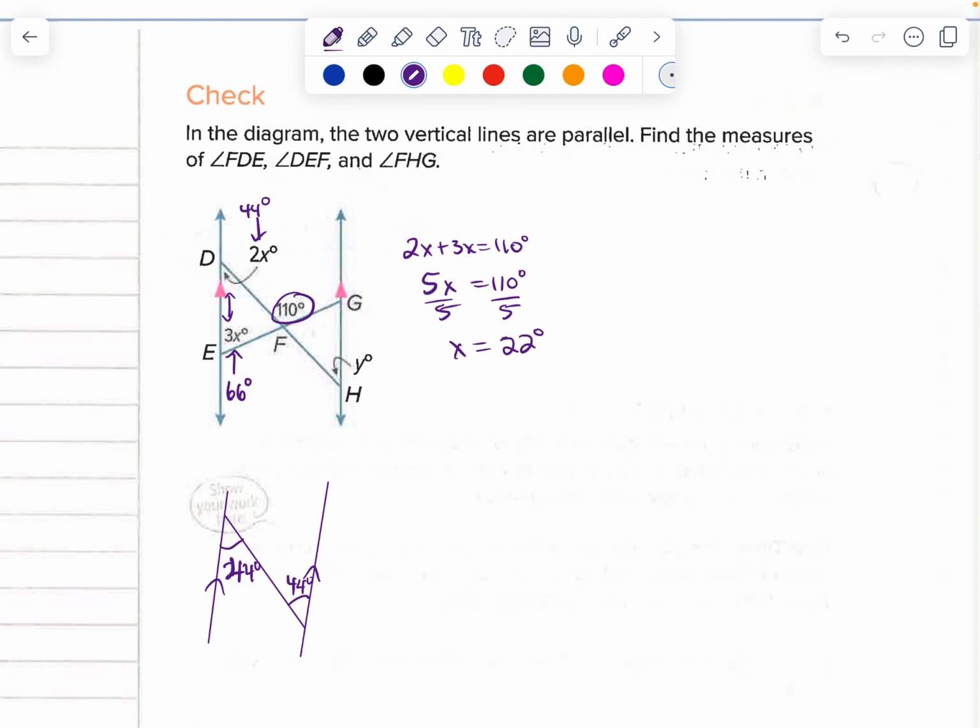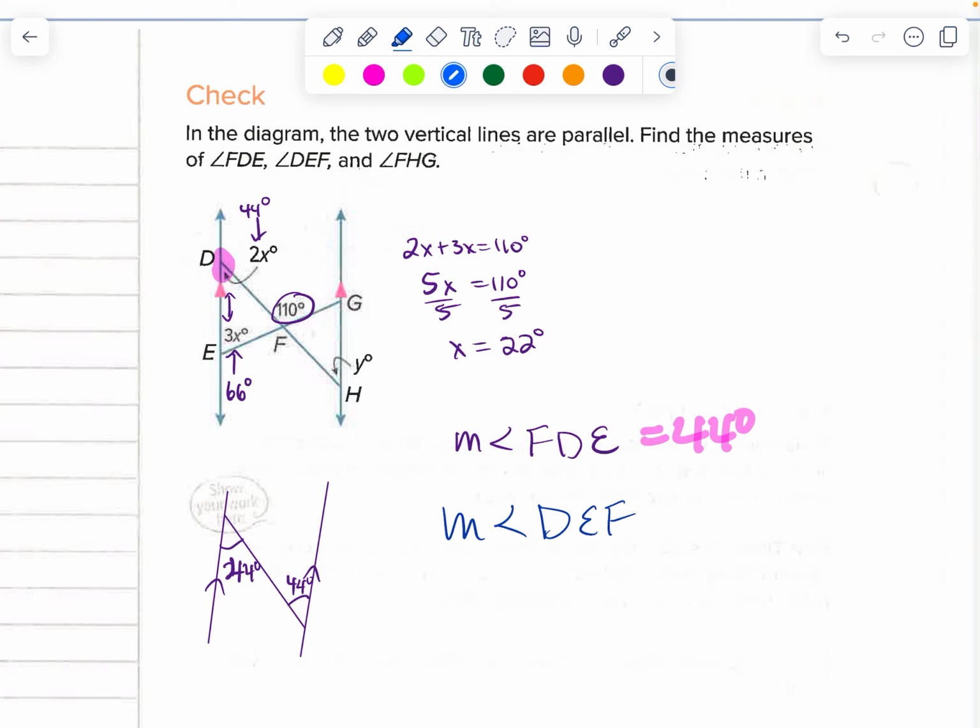So it wants the measure of angle FDE. So I need FDE. FDE is right here. Well, that was 44 degrees. And then it wants the measure of angle DEF.